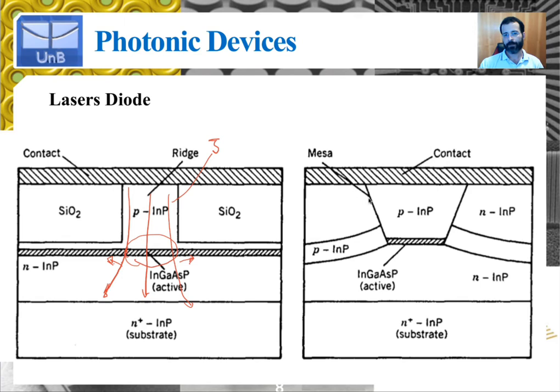If we compare this to the index guided device, we see that this device has many more layers, right? So all of these layers have to be selectively deposited by different deposition techniques and using photolithography and etching and so on.